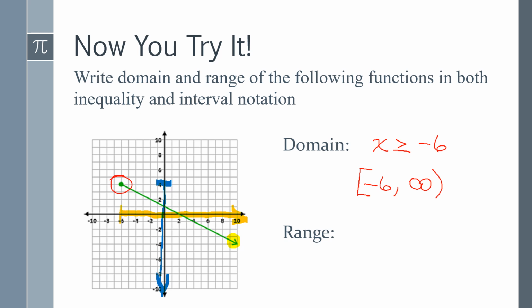So we're going to state this, that y is less than or equal to +4. And we would do this in interval notation as, well, we're going to -infinity, and we stop at 4. So we're going from -infinity up to 4.